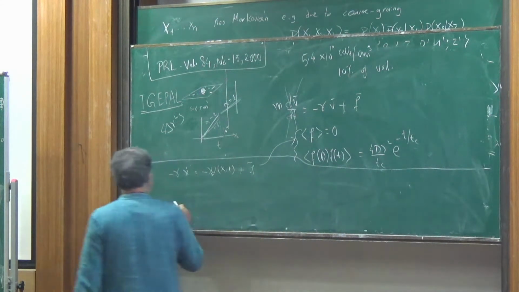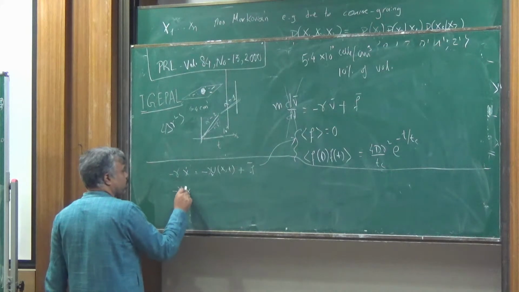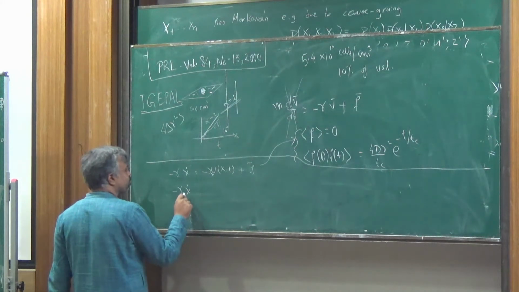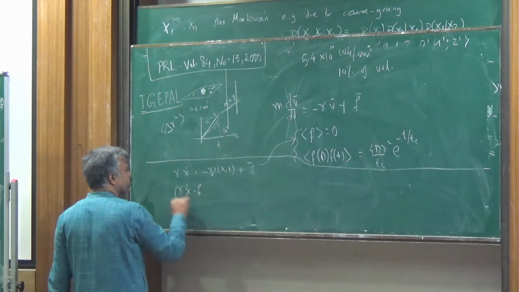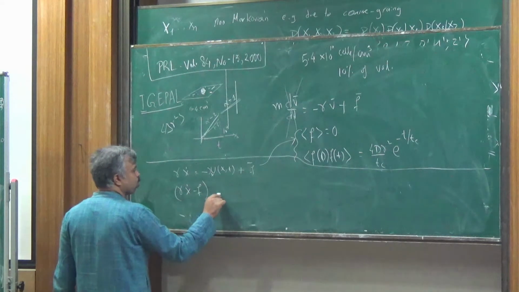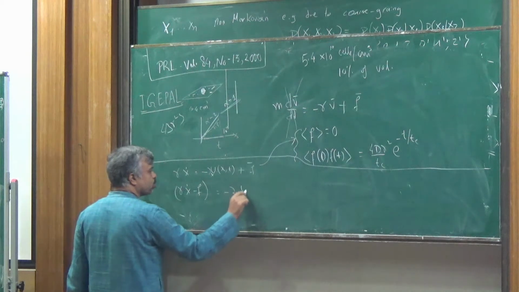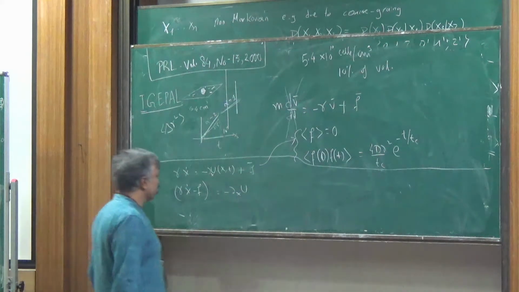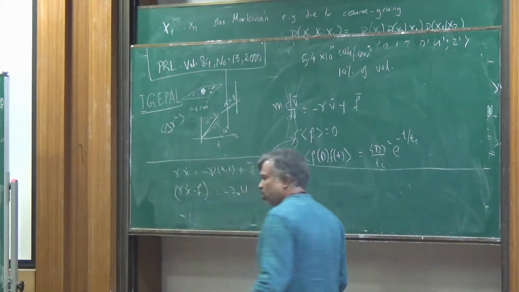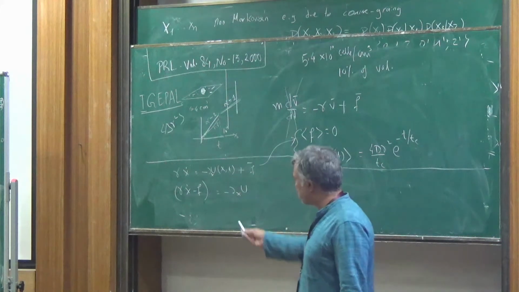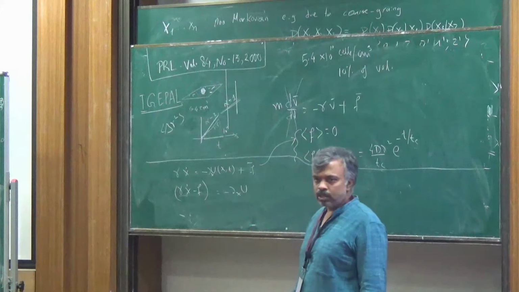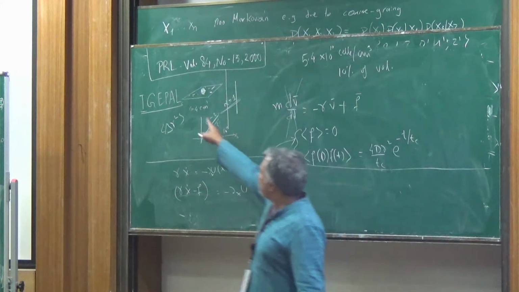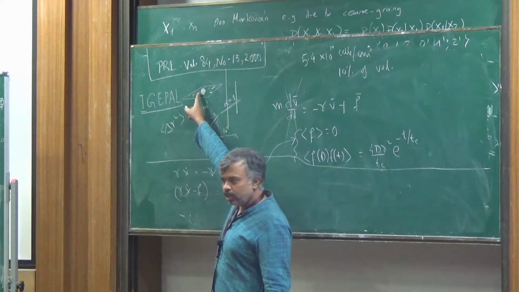Same trick, we'll put this x dot, this plus minus f. The logic is the same: the noise as well as the friction are coming from the soap film, the bacteria, right?